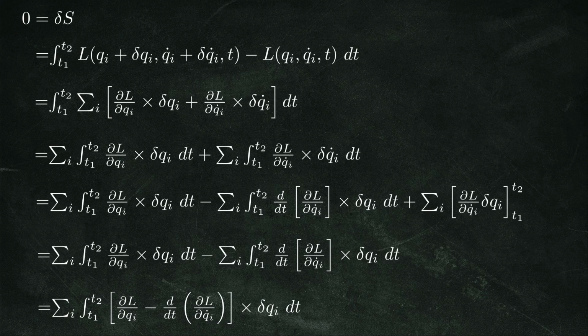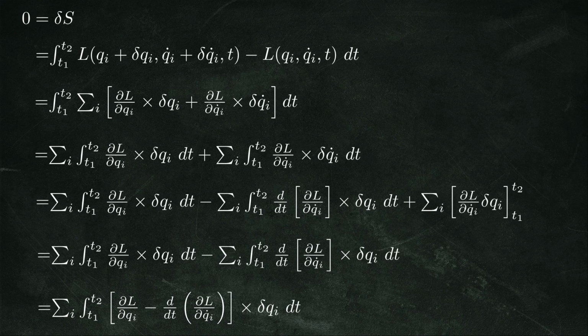And this is why we wanted both terms to just have a delta q. It means we've been able to pull that delta q out of the brackets. And now, in order to set this to 0, we need the thing in square brackets to be 0. We can't have the whole integral 0, or rather, the only way to always make the whole integral 0 is to have those square brackets equaling 0.